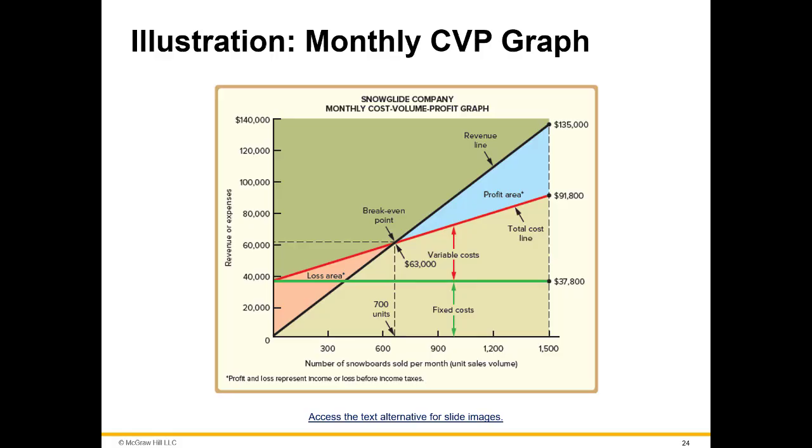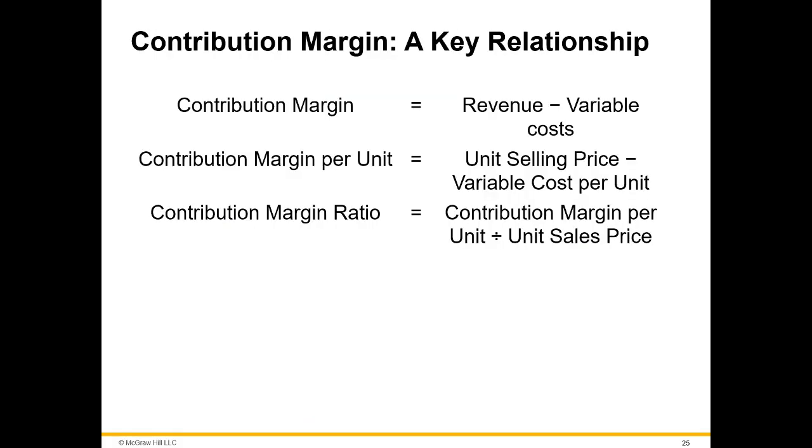All right, the next thing we want to talk about is contribution margin. So contribution margin is revenue less variable costs. We can do it on a per unit basis. So the unit selling price, less the variable cost per unit. So let's go back and look at this as revenues less variable costs.